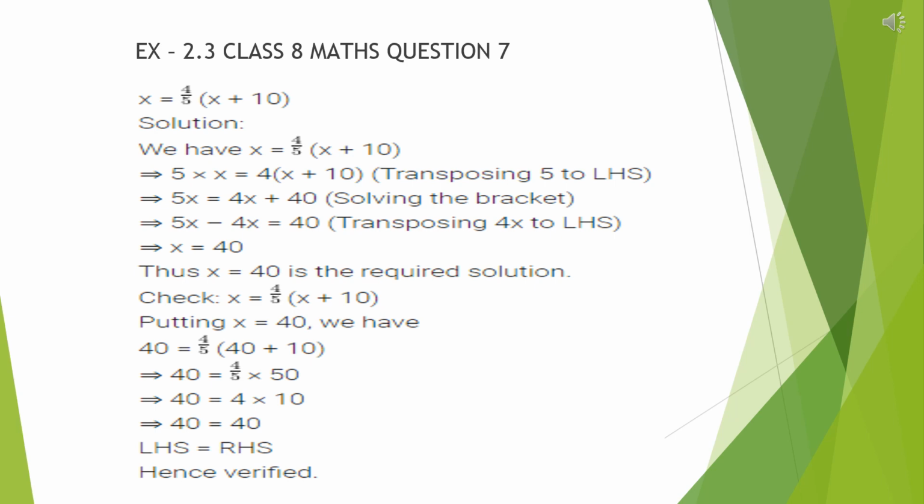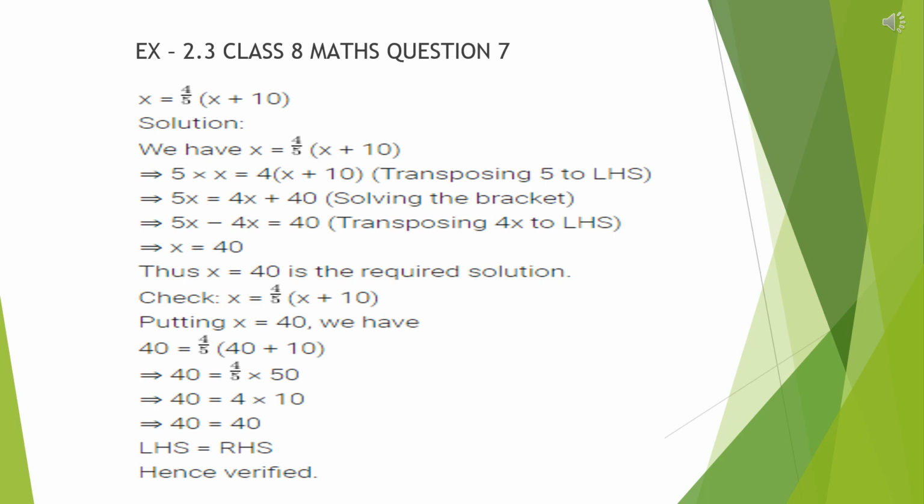Now, let's check. x = 4/5 (x + 10). Firstly, we will take LHS, that is x. Now put the value of x. After putting the value, we will get LHS is equal to 40. Now RHS. In RHS we have 4/5 (x + 10). Now we put the value of x, that is 40.